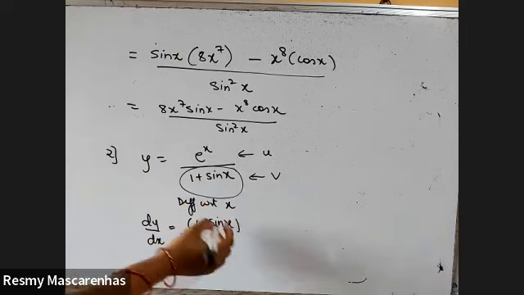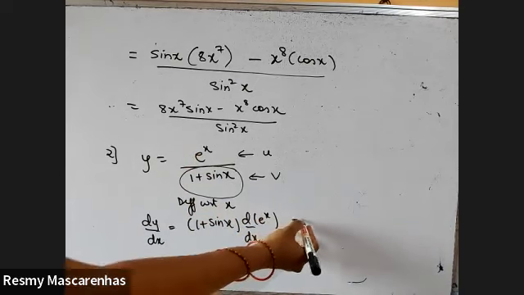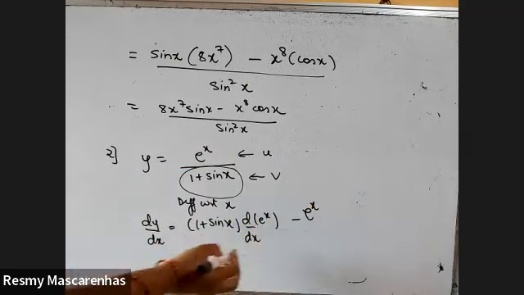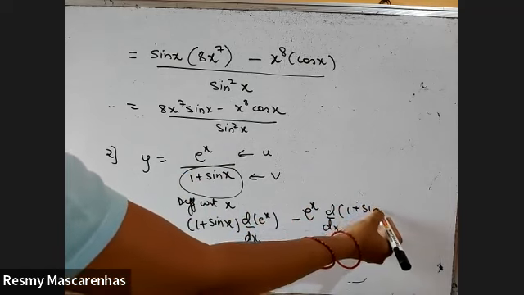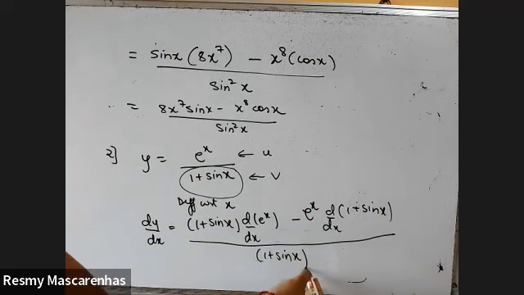This is v. I have to take the derivative of u. The middle sign is minus, right? e raised to x. Now take the derivative of the denominator. This whole thing is v.